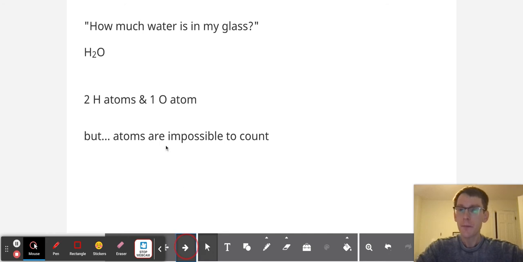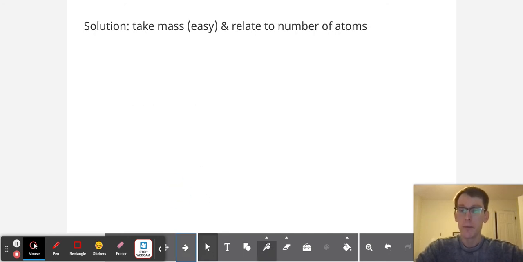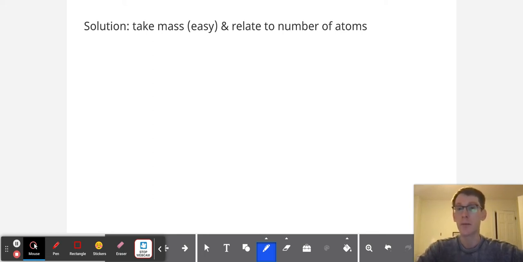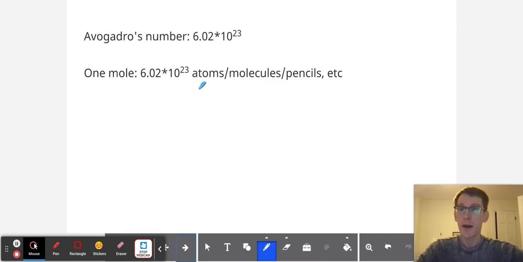So a solution would be that we could take something that's easy to measure, like mass, and then figure out how that relates to the number of atoms or molecules, and that could answer your question of how many atoms of hydrogen and oxygen and how many molecules of water are in the glass of water. And to do this, we have something called the mole.